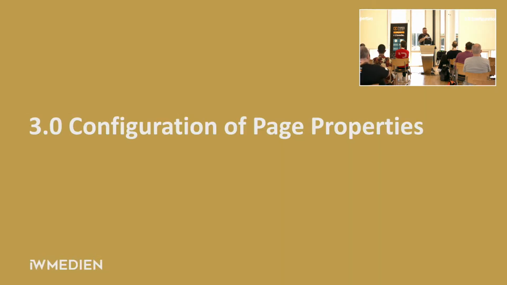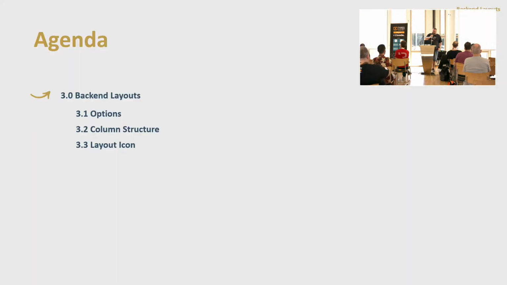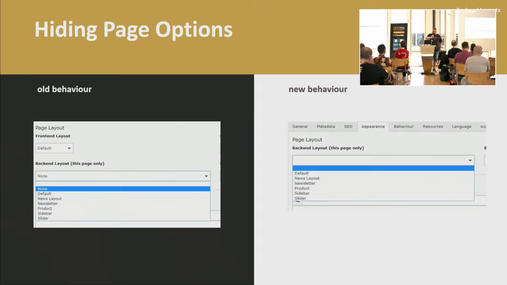The next is the configuration of the page properties. We know the backend layouts. There we have many options. We have a column structure, and we can set a layout icon.